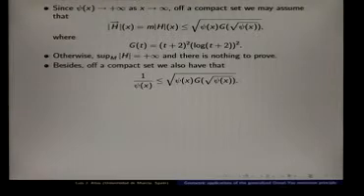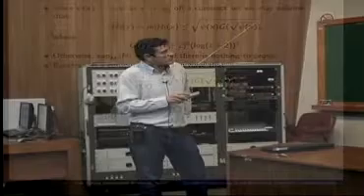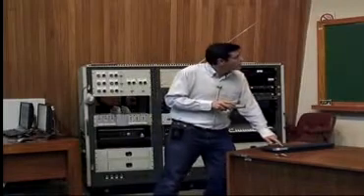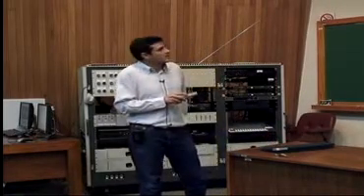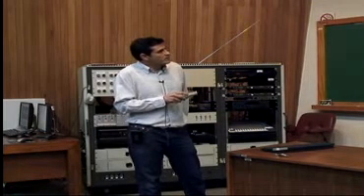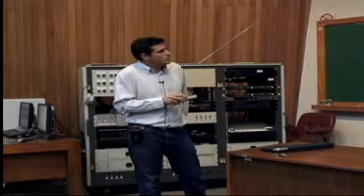Besides outside of a compact set, we also have this condition thanks to the conditions for the function G. So putting together all this, we can estimate the Laplacian of psi by this, and this is bounded from above by this quantity here.